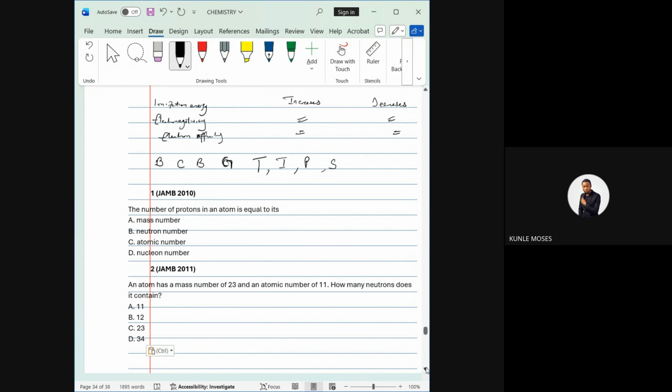Do you remember the formula for neutrons? 12. B. Clap for yourself.